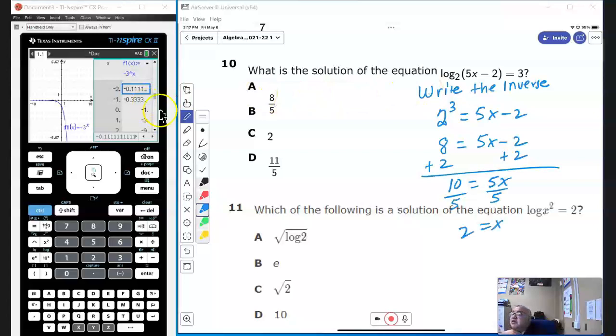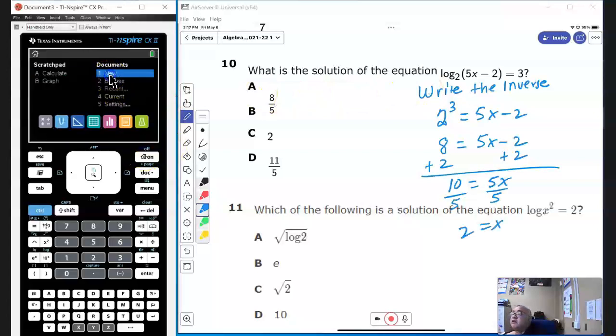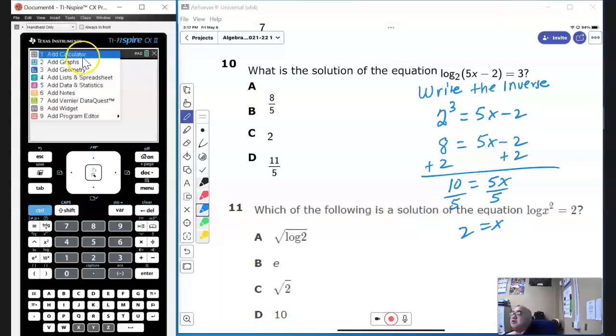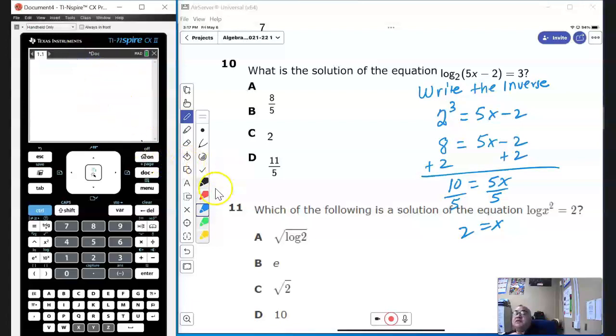Now if you want to check it, go to your calculator, and all you have to do is substitute. So we have a log. We know that the base is 2, and we substitute 5 times 2 minus 2, and we want it to be equal to 3.